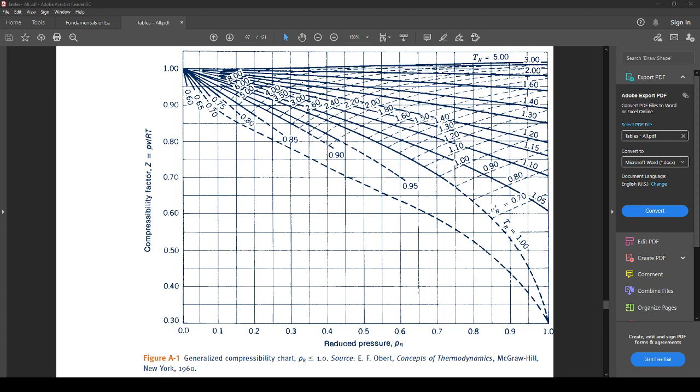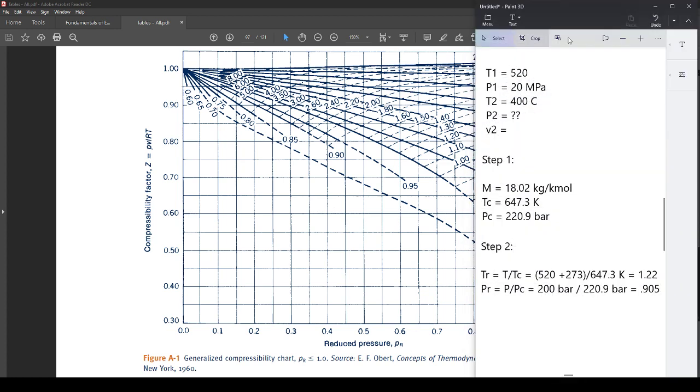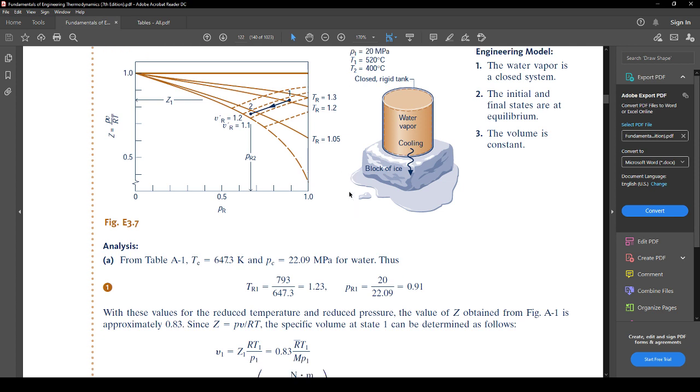So I'm going to add that in here. And then z is equal to 0.84. So z is equal to 0.84 has been added in. So we can go back here. And now that we have our 0.84 z value, you can then use z is equal to P little v over RT.